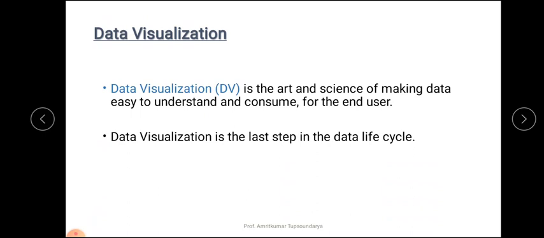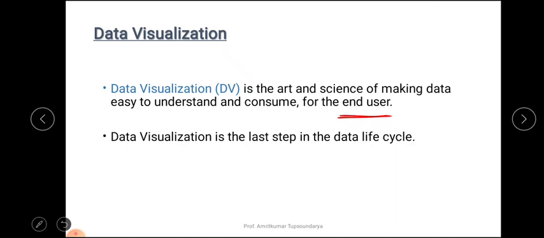Data visualization is the art and science of making the data easy to understand and also to consume for the end user, right? By this we mean that it is not just an art, and it is not just a science.